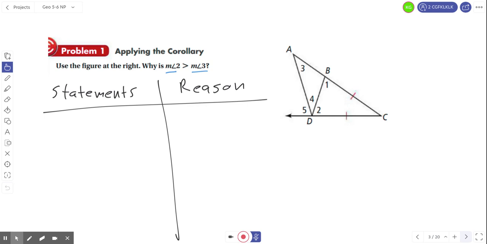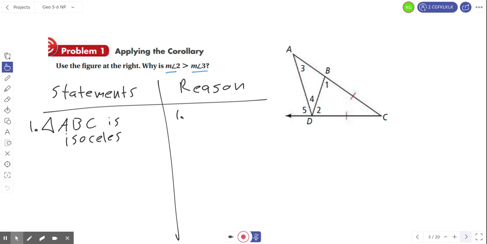My first statement is going to be that triangle ABC, and when they tell you measure angle 2, measure angle 3, you might not notice that this is where you need to go at first. But triangle ABC, this one, is isosceles. It's number one, and the reason for that is it's given. You can see they've marked those sides congruent.